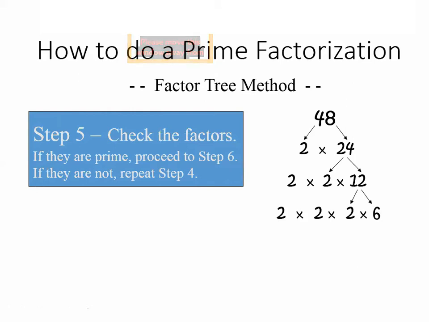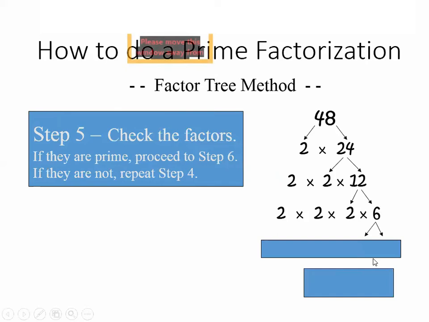How many factors do we have right now? We have 1, 2, 3 factors of 48 so far in the factor tree. Then we have 2 multiplied by 2 multiplied by 2. Again, we divide 6 by 2, so it becomes 2 3s are 6. Then 6 is completely divisible by 2.